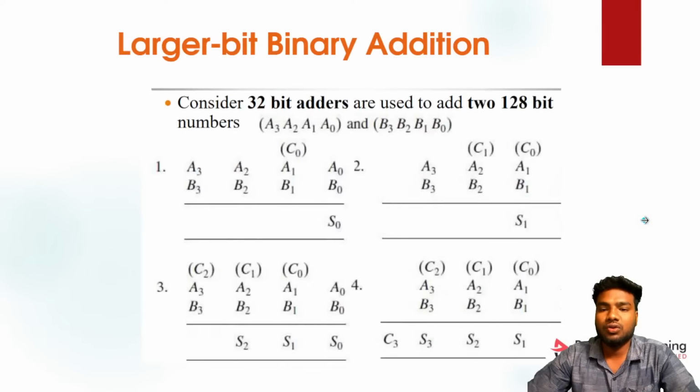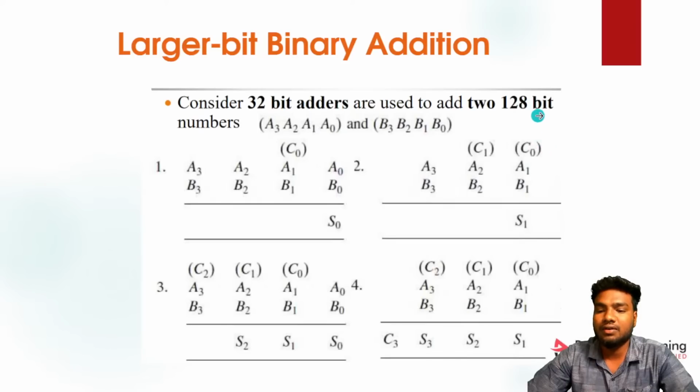Then we'll move to binary addition. Consider adding 32-bit numbers. This is input A and input B. We may previously have some carry output, which may be 0 or 1.